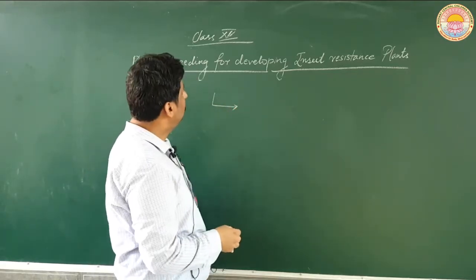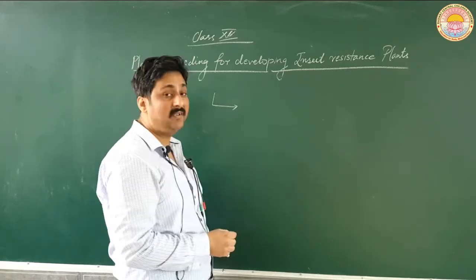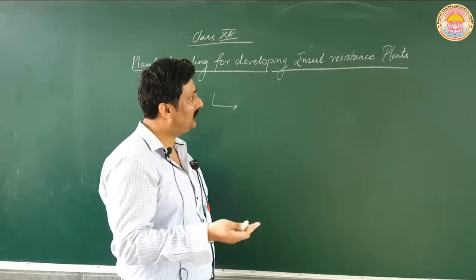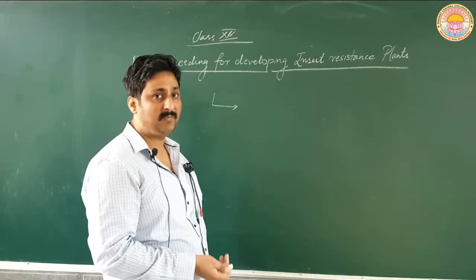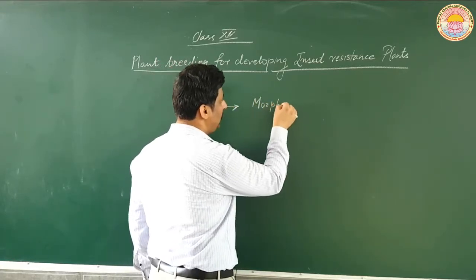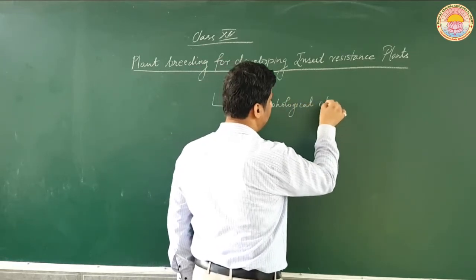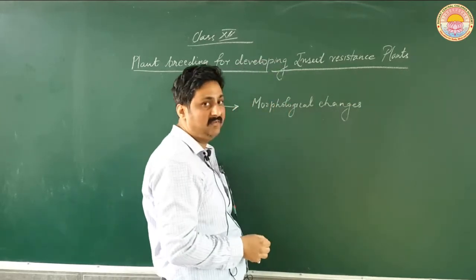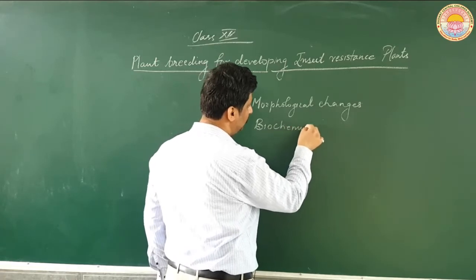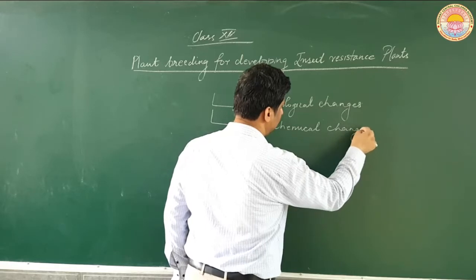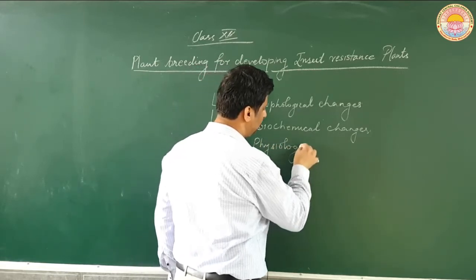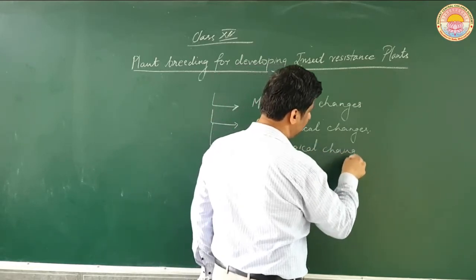See, plants which are insect resistant, or you can call it pest resistant, can be insect resistant because of certain qualities: because of morphological changes in the plant, or because of biochemical changes in the plant, or because of physiological changes in the plant.